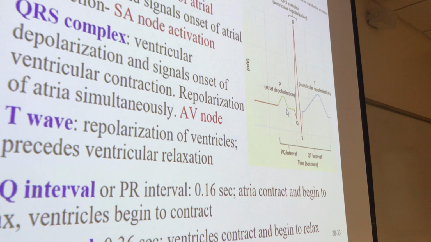You have all the calcium that needs to be released and brought in. You need that calcium to bind to troponin. You need troponin to move tropomyosin. All of that's happening, and it takes a little bit of time. So halfway through our P wave, that's when the atrial muscle actually starts to contract.